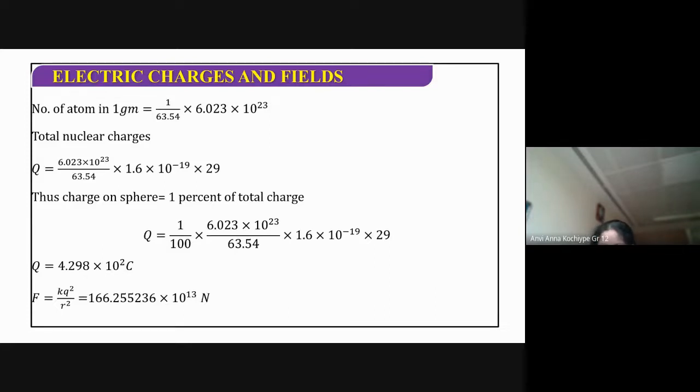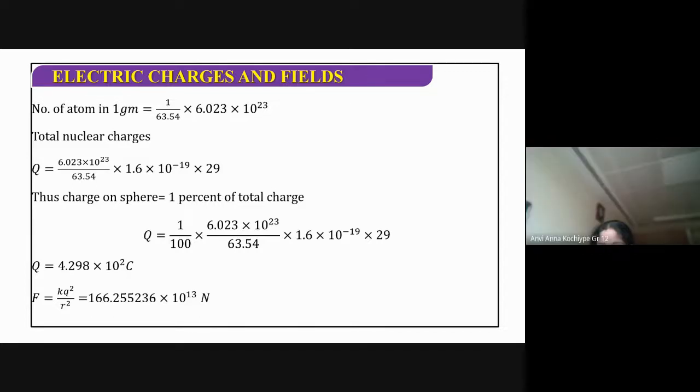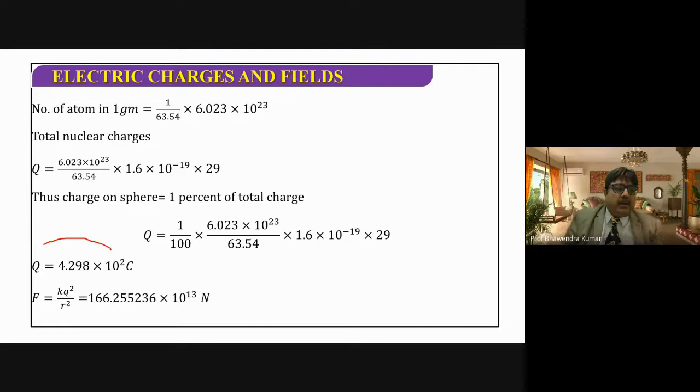For the charge? Yeah, for the charge. Close to 4.3 is not a problem. It is 4.298 into 10 power 2. If you are getting 4.3, it's okay.